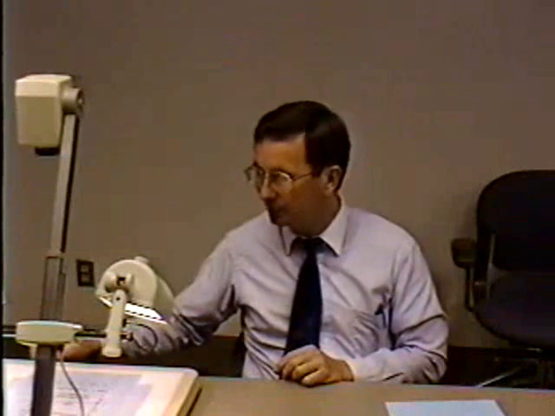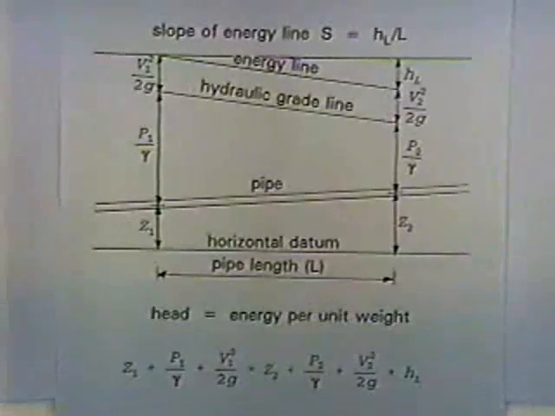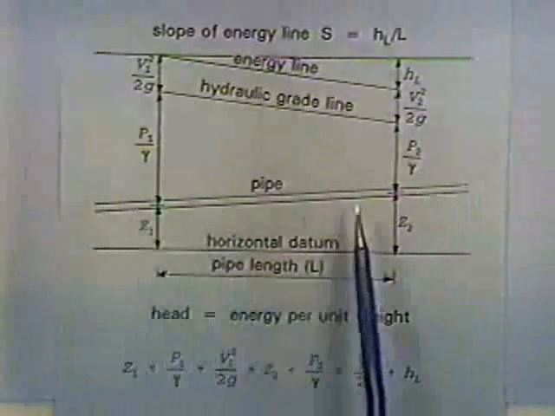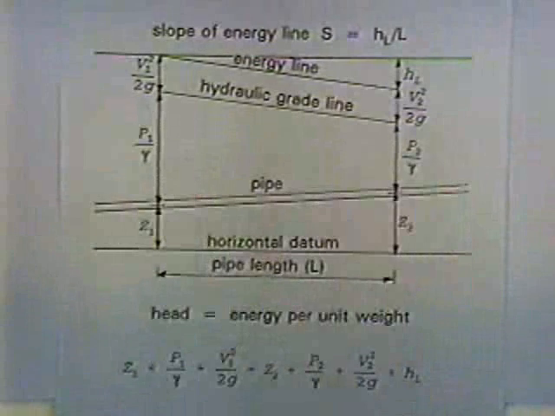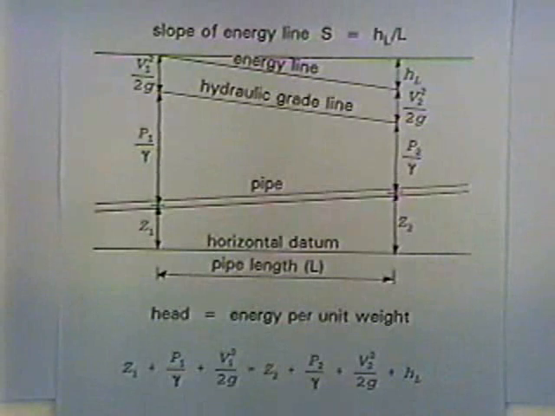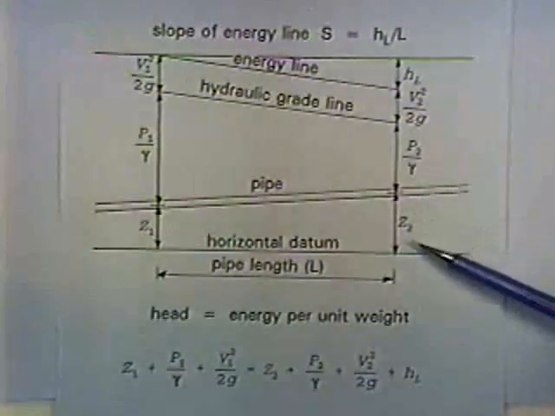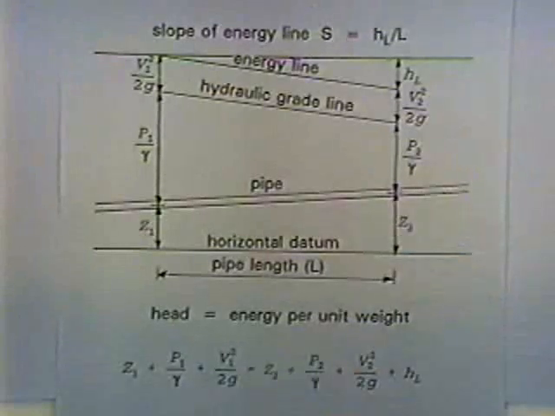Oh, note the note at the top, the slope of the energy line. Well, let's also note the different components. Here's the pipe, the hydraulic grade line. Very common engineering term. We're in the engineering business always computing hydraulic grade lines. And by definition, that's the elevation head plus the pressure head.